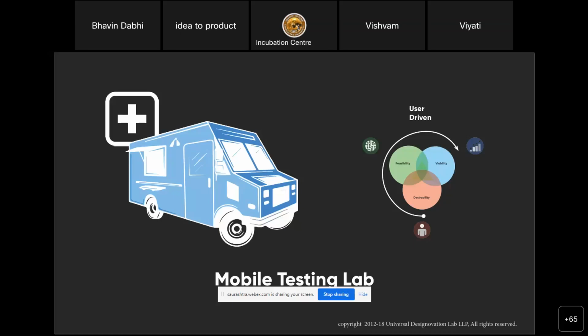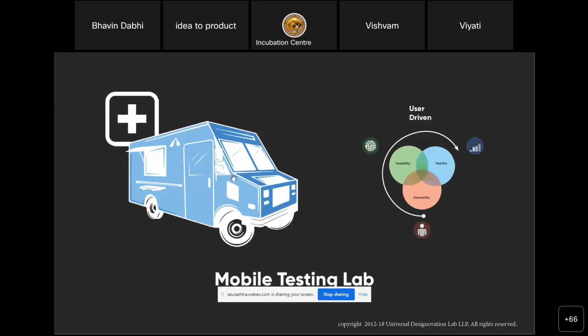Maybe there is a limited number of doctors per maybe 10,000 or 50,000 people. The scenario cannot be disrupted without the use of technology, without the use of something that is not visible, seems to be not feasible, but can be doable by some of the disruptors who are sitting here right now.